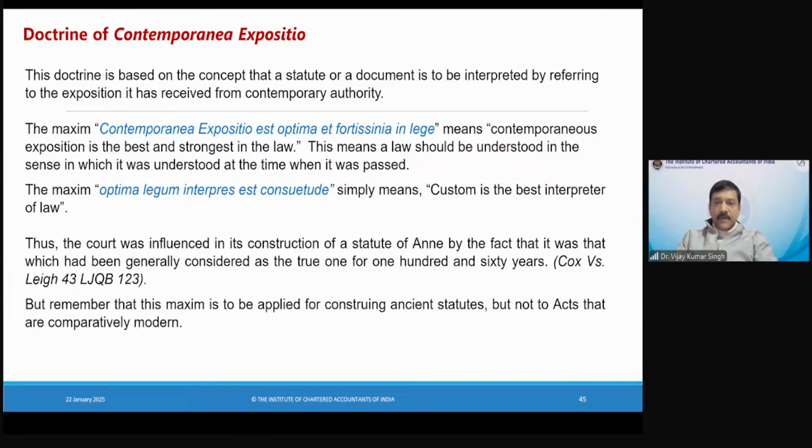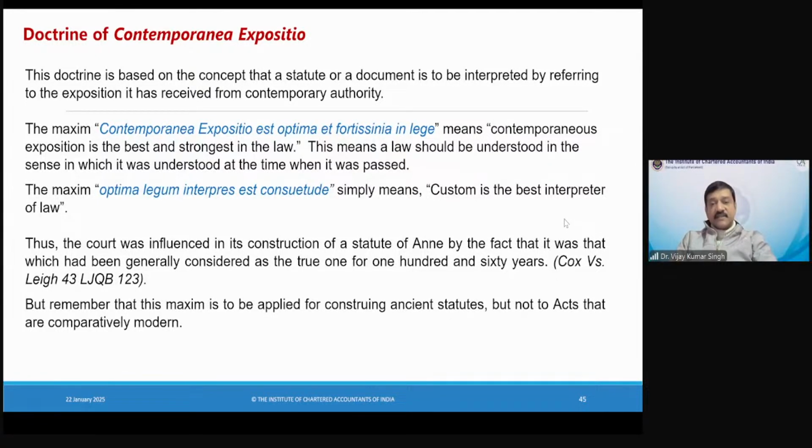Optima legum interpres est consuetudo basically means that custom is the best interpreter of law. So it gives prevalence to customs. Many times in ancient laws, say for example the Hindu Code Bill or the Hindu Marriage Act, you refer to customs.